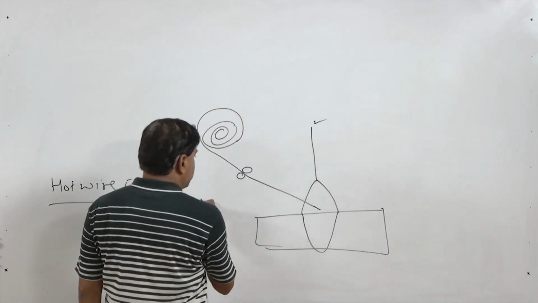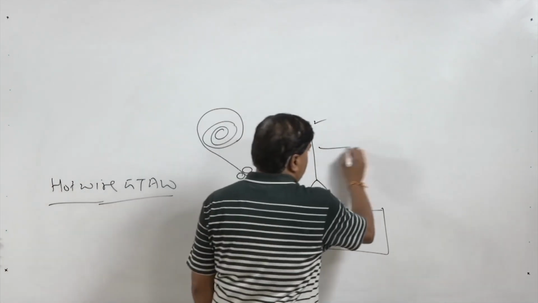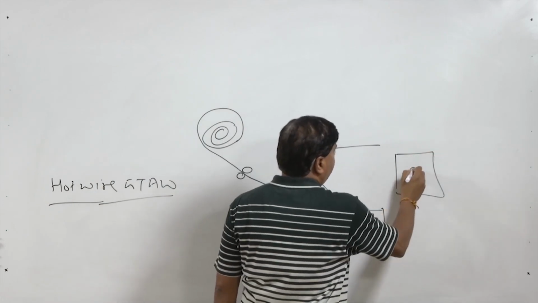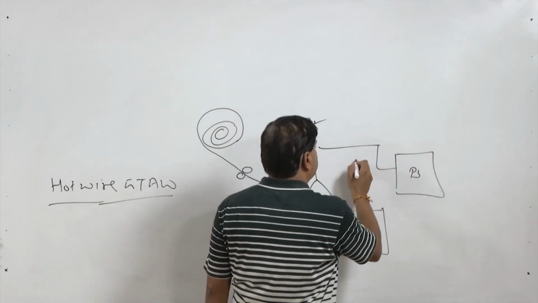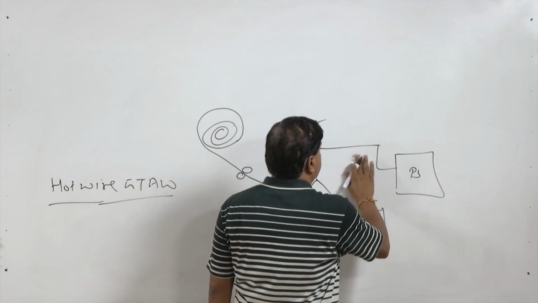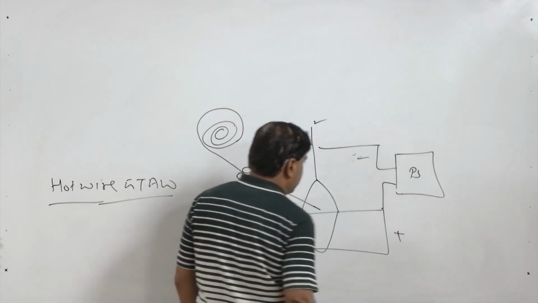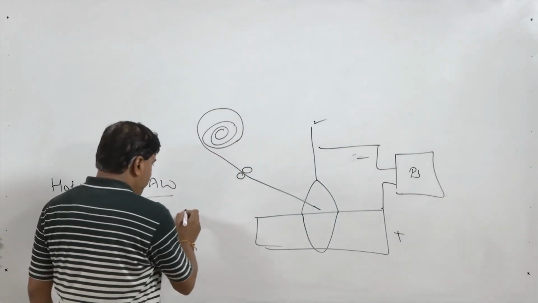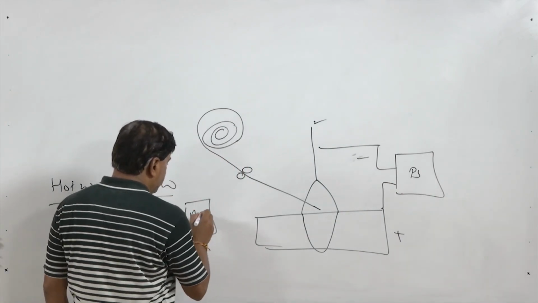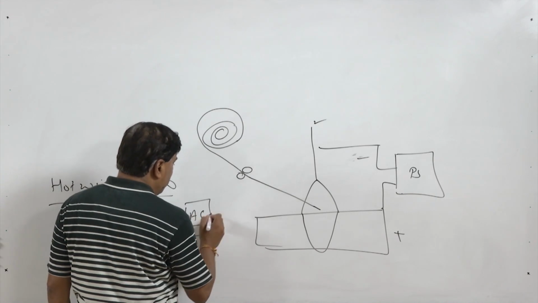So, what is done basically is that this is connected to the conventional power source, negative terminal to the electrode and positive terminal to the workpiece, say in this case, and then we use another heat source, another power source, which is normally AC.